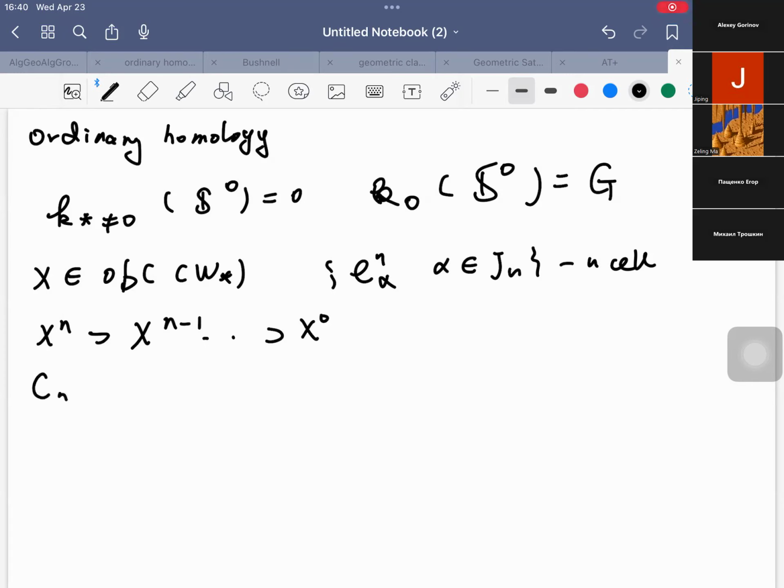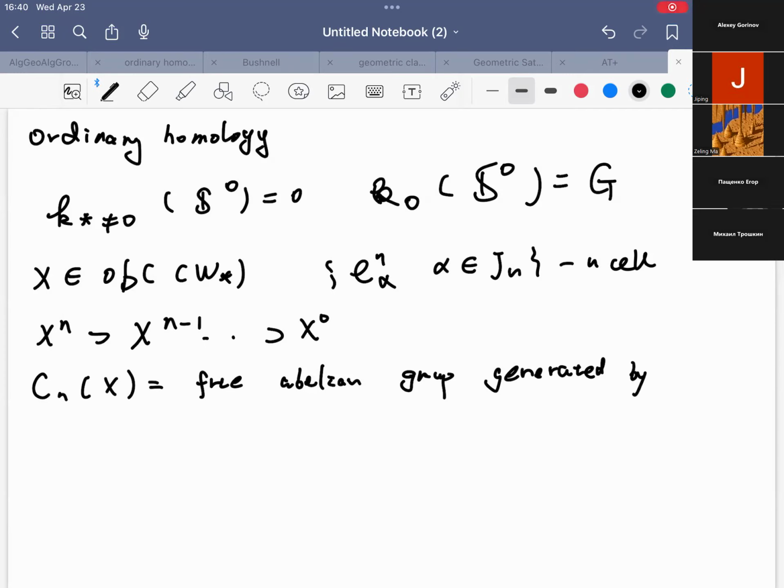We can recall that the chain group is generated by the free Abelian group generated by the cells.